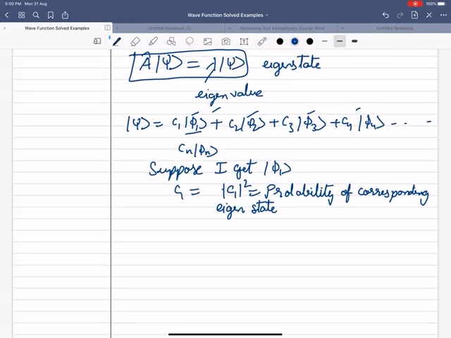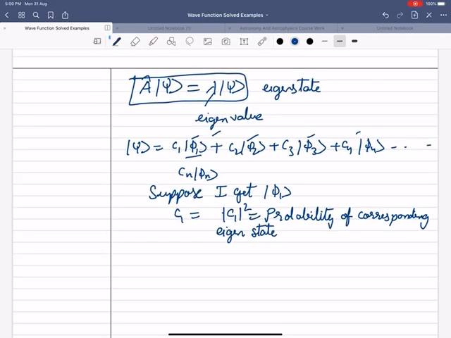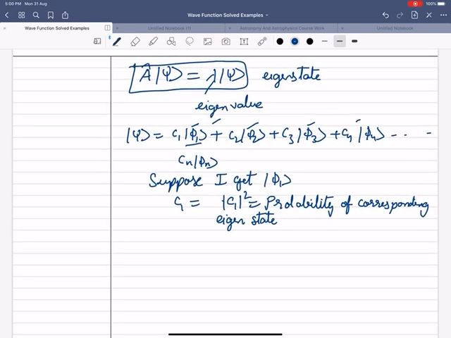Basically, it should also follow that mod c1 square plus mod c2 square plus mod c3 square up to mod cn square should be equal to 1. It should be normalized.